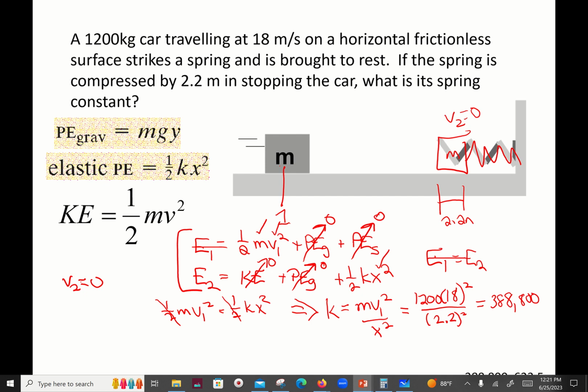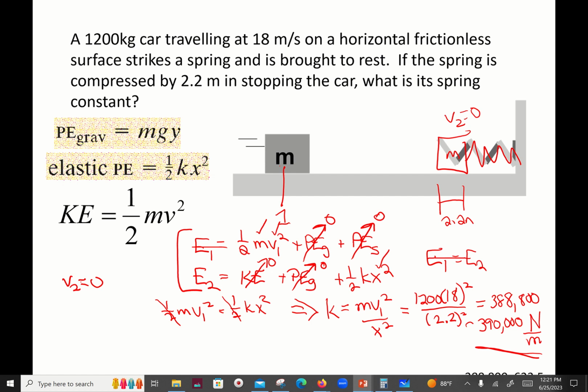Let's look at my sig figs. I got 2, so that's 390,000. And the units for spring constant is newtons per meter. It's how much force is needed to stretch it by 1 meter. So it's a pretty stiff spring, which is what you'd expect if you want to stop a car.